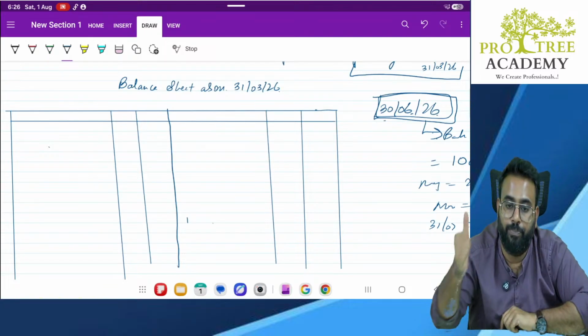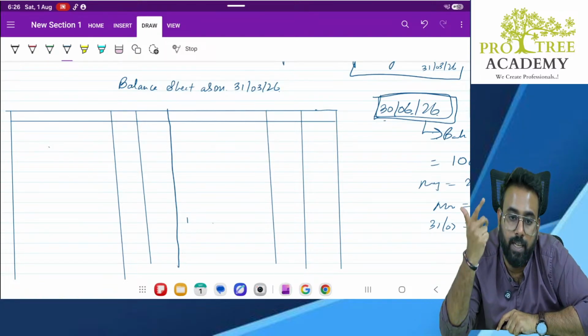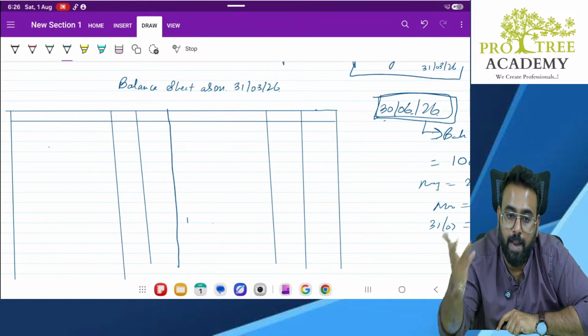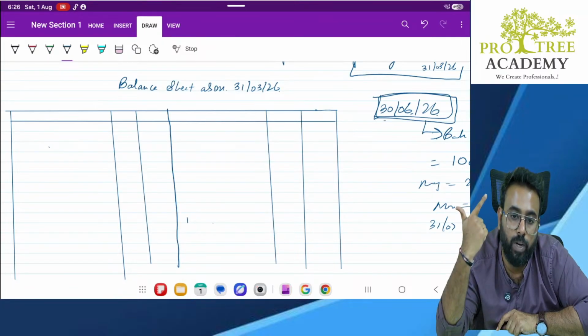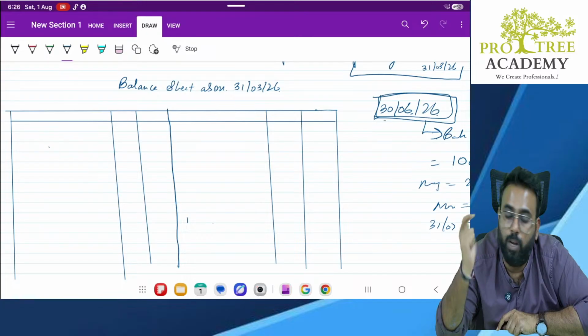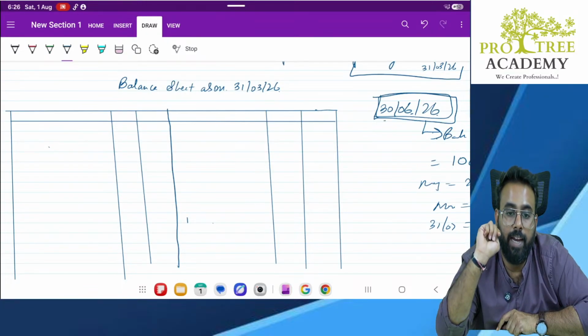Assets, liability, income, expenses, capital account. Your income and expenses are now being shown under the trading and P&L account. Now you need to show the remaining 3, correct or no? Assets, liability and capital account.